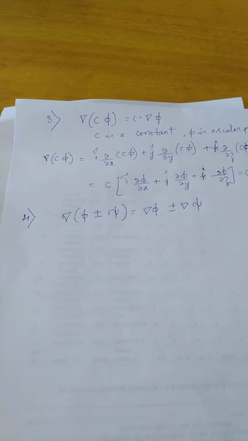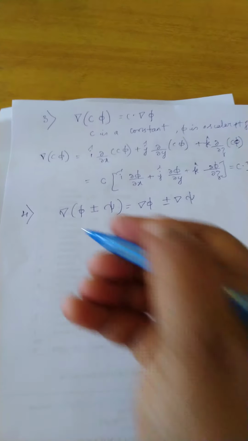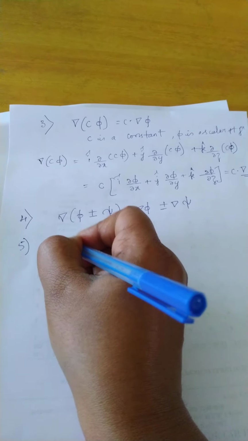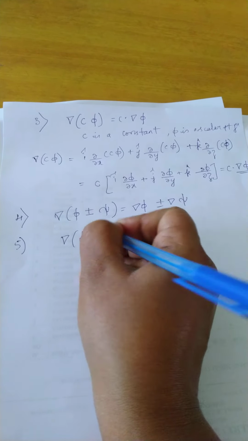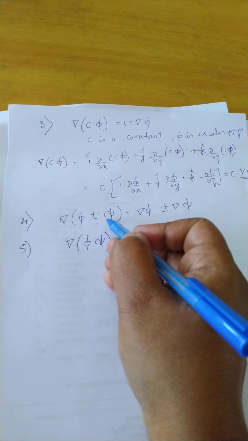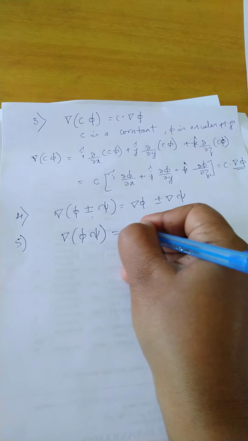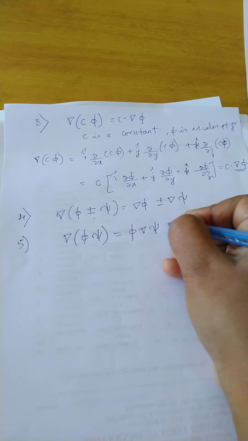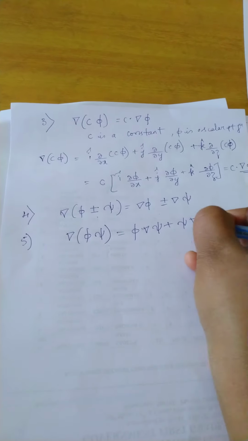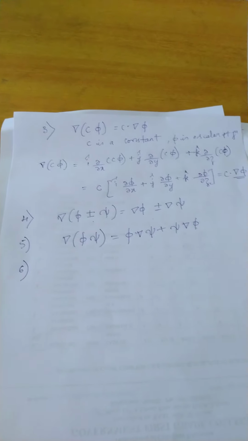That's not a problem, but you try to solve this. Then the next, 5th consequence will be grad of phi psi. Here it is a product rule. So it is phi into grad psi plus psi into grad phi. So try to solve this.